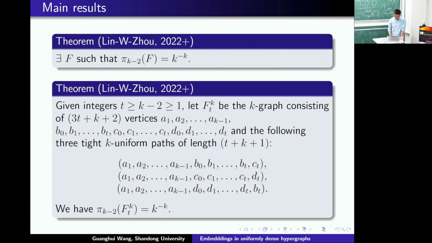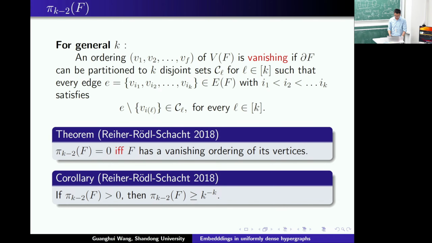So as we know, if the π_{K-2} density is positive, then it should be equal or larger than this number. So 1 over K cubed is exactly 1/27.